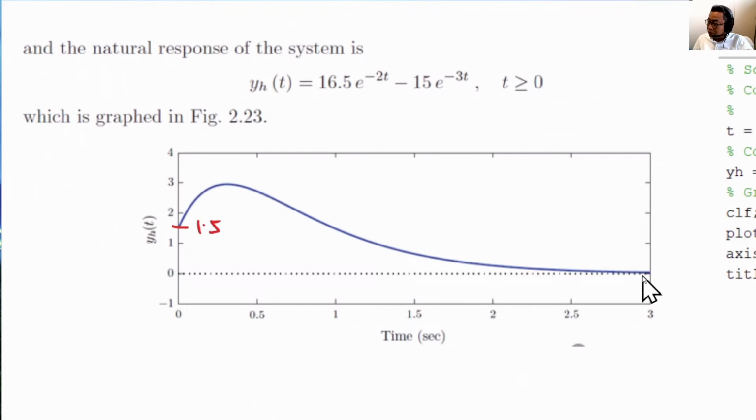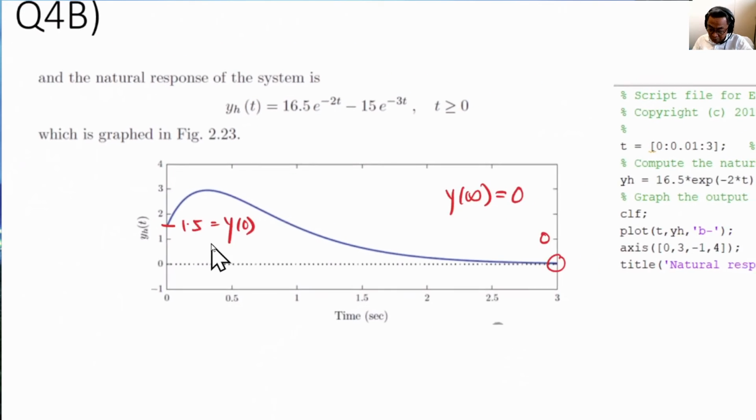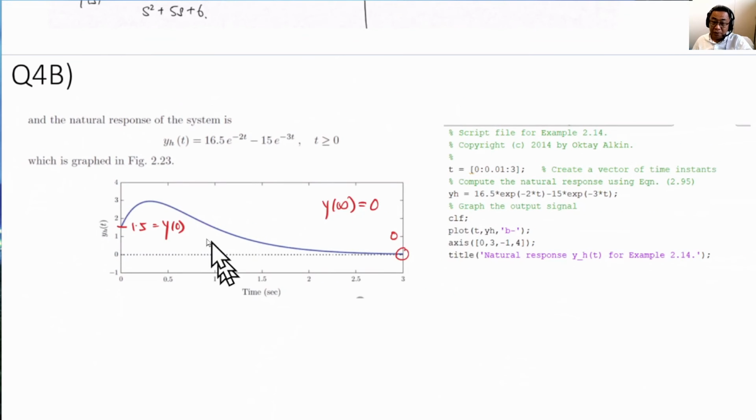The other interesting thing to note is that as t goes to infinity, this becomes 0, this becomes 0, so it's 16.5 times 0 minus 15 times 0, therefore the final answer is 0. So y(infinity) equals 0, and y(0) equals 1.5. Typically in many questions, we'll ask you to find the initial and the final value. This is the code in MATLAB to generate this figure. Thank you.